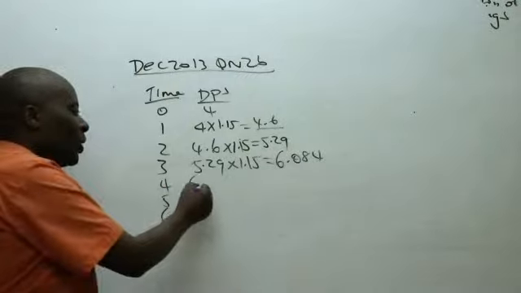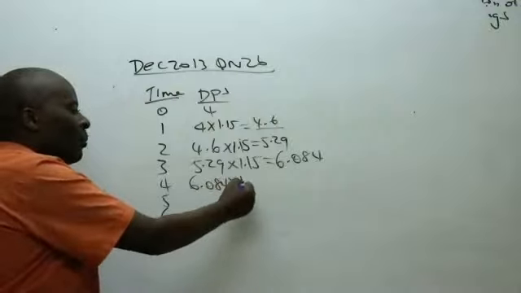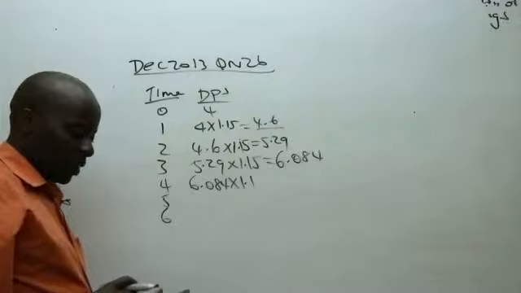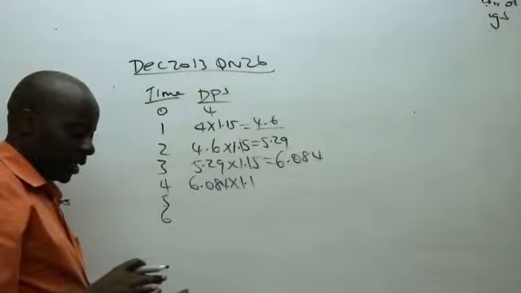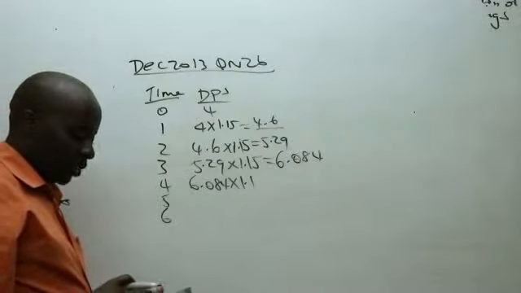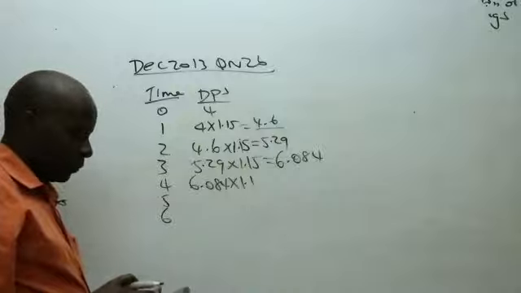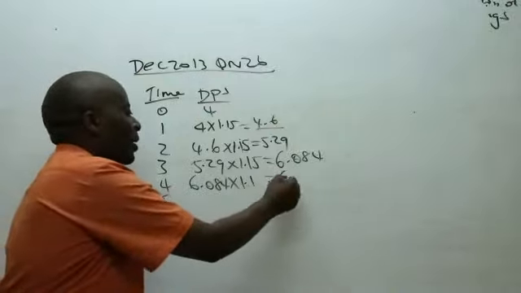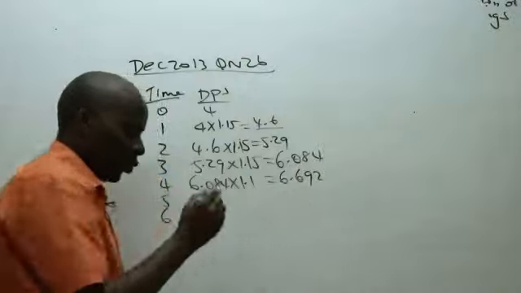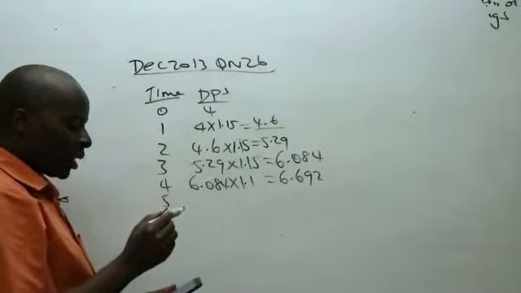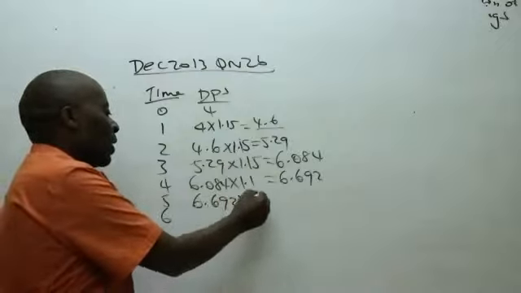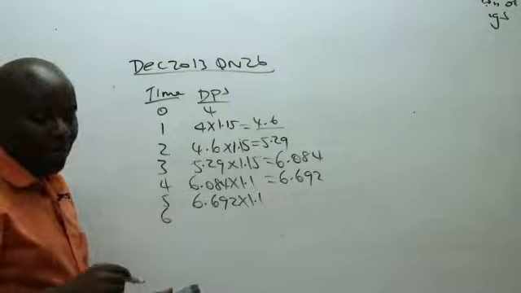So then this will be 6.084 times 1.1, which will give us 6.692. This 6.692 is what I bring here, growing by 10%.